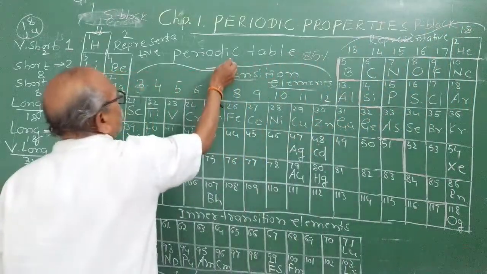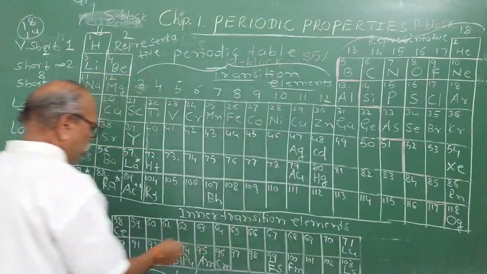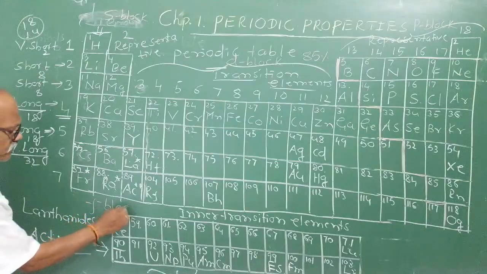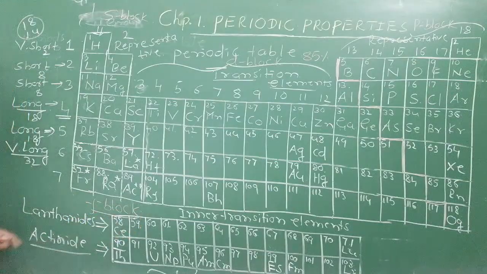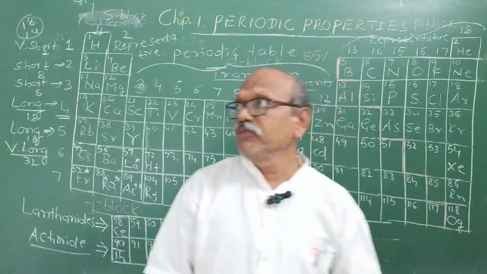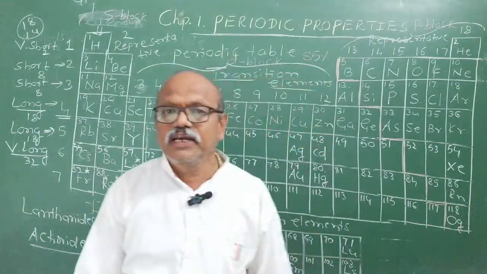The middle one is called the D block. And the following lanthanides and actinides are called the F block. This classification is based on electronic configuration. How electronic configuration and the periodic table are related, we'll see in the next class.